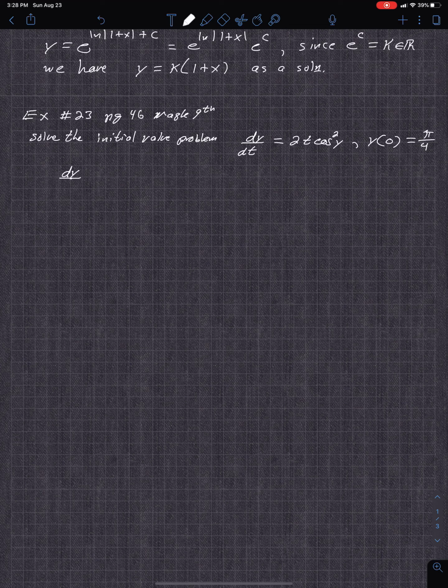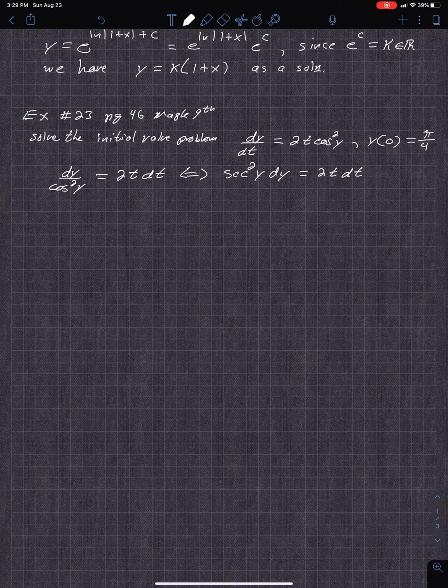So dy over cosine squared y equal to 2t dt. I'm separating now. All right, so now I'm going to rewrite 1 over cosine squared as secant squared. So it's secant squared y dy equal to 2t dt.